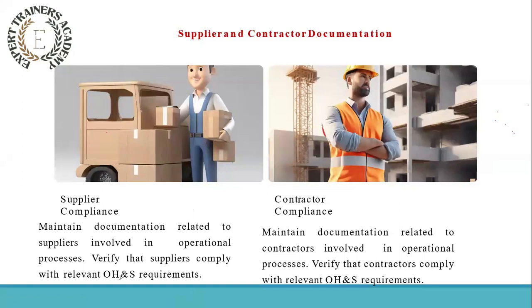So they need to comply as per the ISO 45001 standard, the supplier compliance. The contractor compliance, they need to provide risk assessment. They need to provide health and safety policy document. They need to provide training record of the contractor workers. So these are all with the contractor compliance. So you need to ensure that the contractors comply with the OH&S requirements.